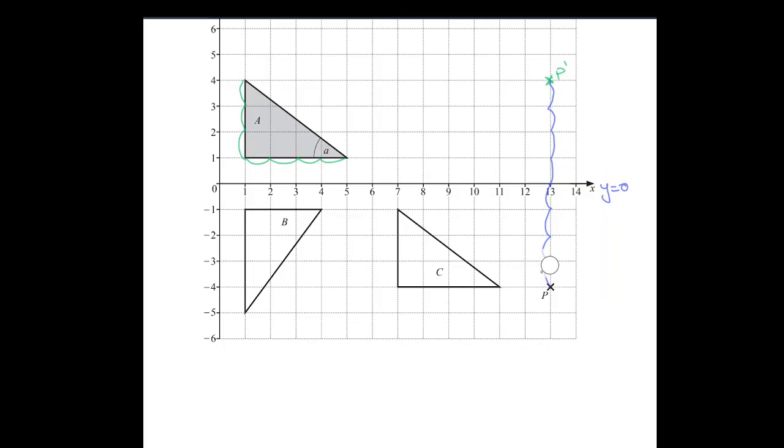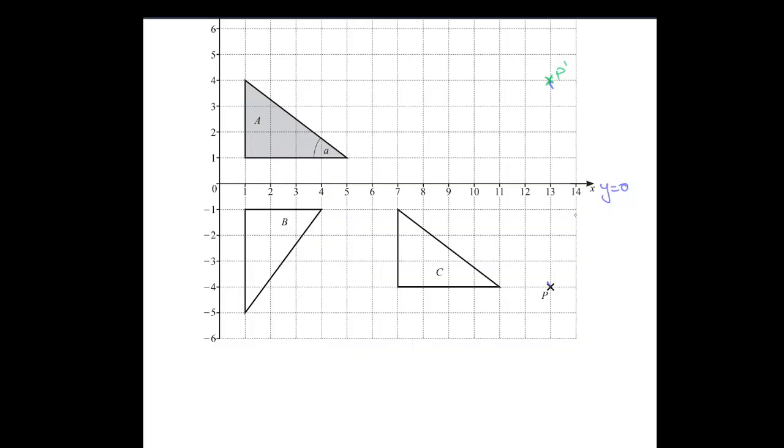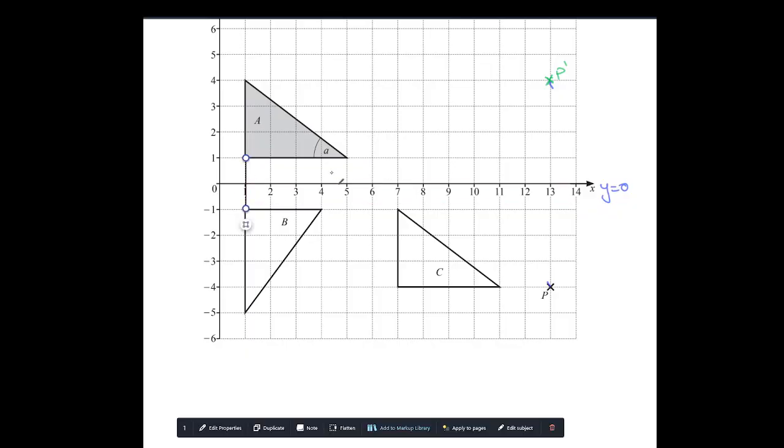So let me erase this first. The triangle is rotated 90 degrees clockwise, and for the center of rotation, take the corresponding vertices and join them.